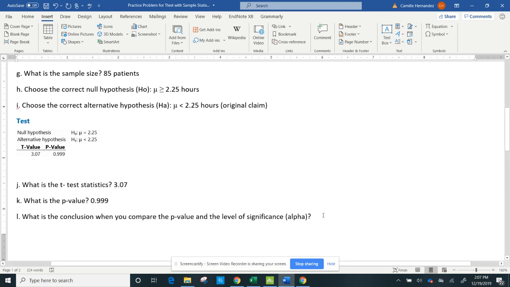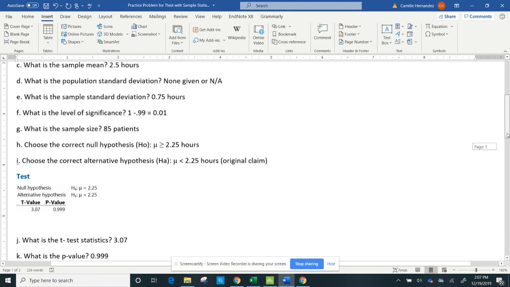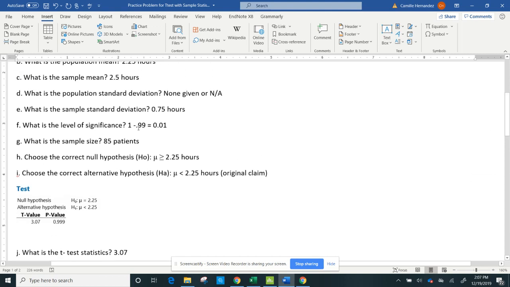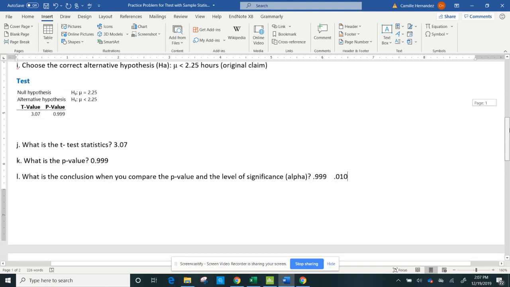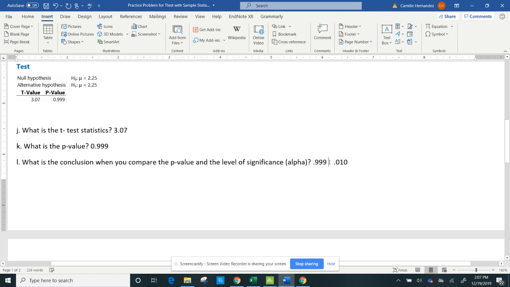All right. So 0.999 compared to 0.01. And again, if it's confusing to have only two decimals, add another decimal behind it. And look here, where did I get that? I got that right here from the level of significance, right? So I know this is greater than this. So that means because the p-value is greater than the level of significance, I fail to reject the null.